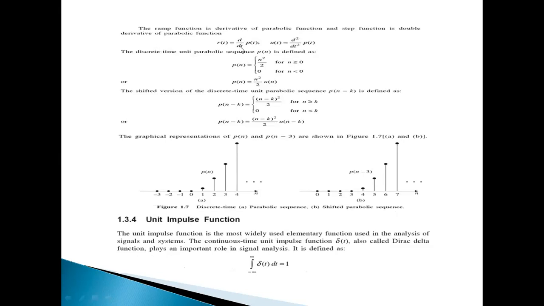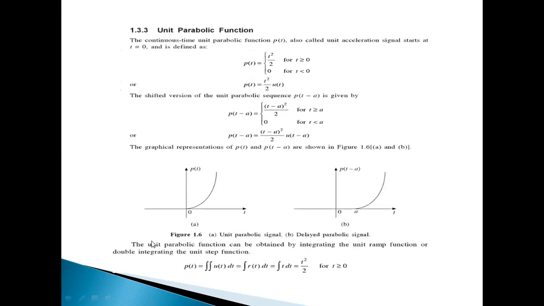And the first derivative, d by dt of x of t, is the velocity. So the step function in terms of the parabolic derivative, or in integral form, the double integral of the step and the single integral of the ramp function, is equal to the parabolic function, nothing but t square by 2.